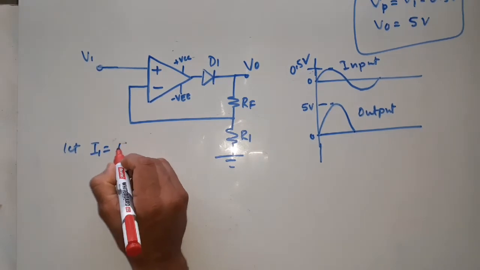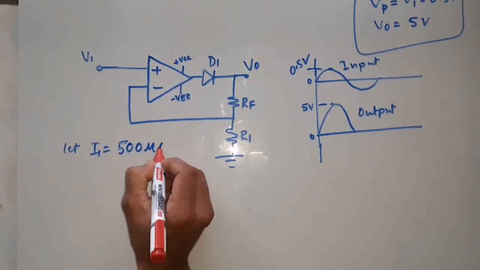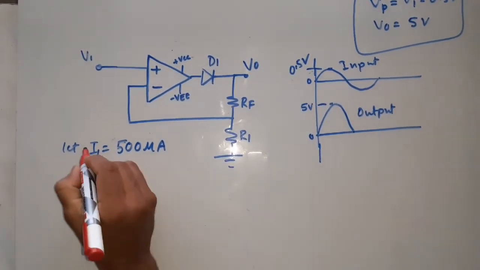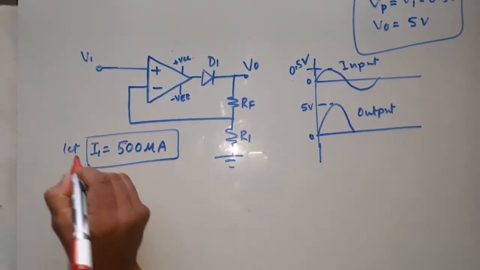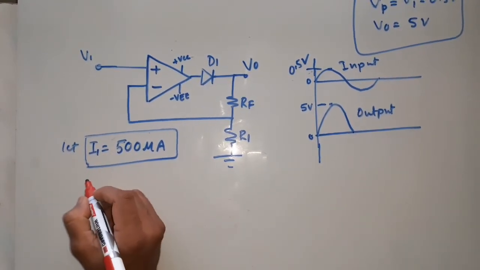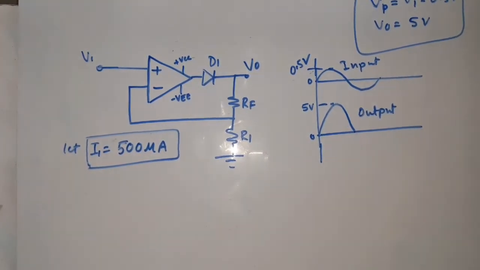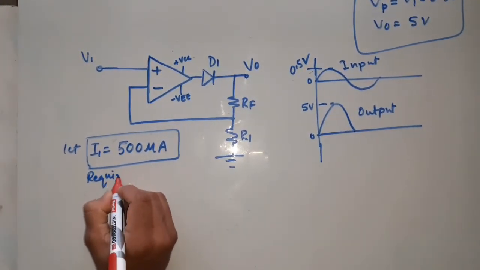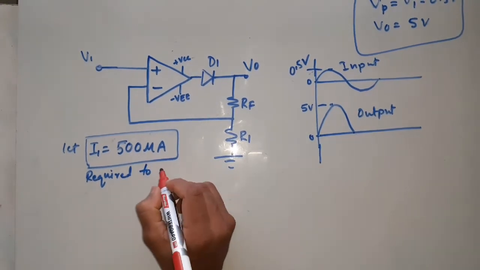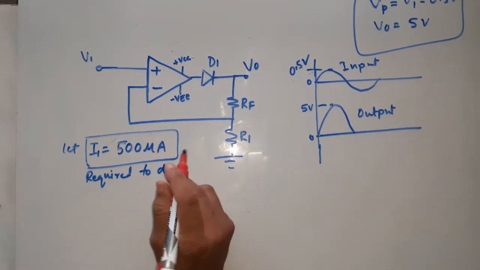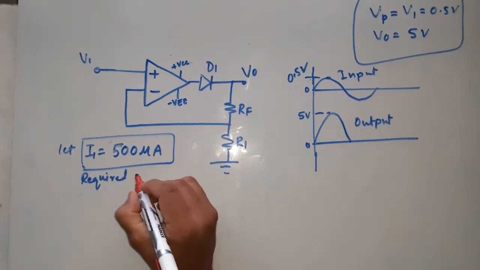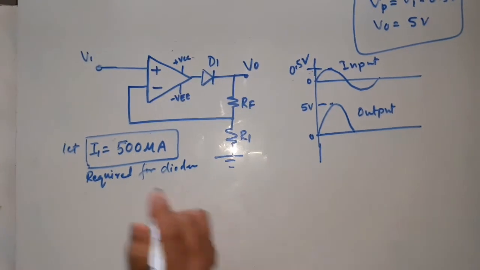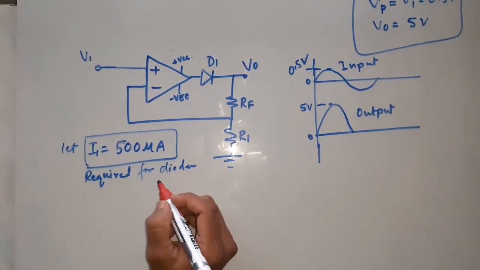So we take 500 microamperes. Minimum current required for diodes.